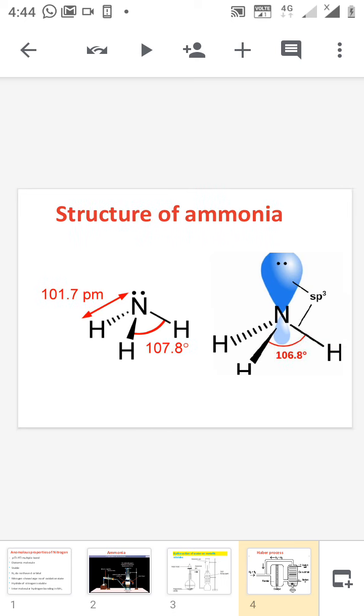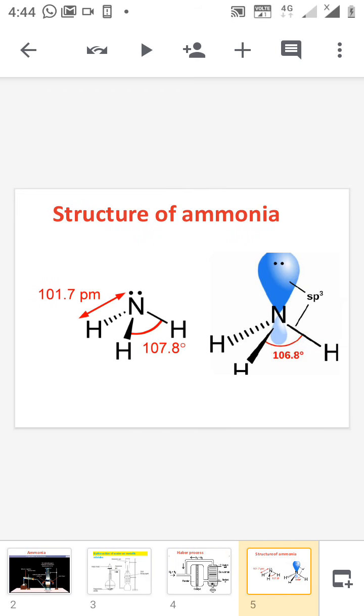Next, we are moving into the structure of ammonia. As we know, ammonia has sp3 hybridization, and there is one lone pair of electrons on the nitrogen. Due to the presence of the lone pair, lone pair-bond pair repulsion exists, so there is some deviation in the bond angle of sp3 hybridization. The actual tetrahedral bond angle is 109, but here the bond angle is 107.8 due to bond pair-lone pair repulsion.